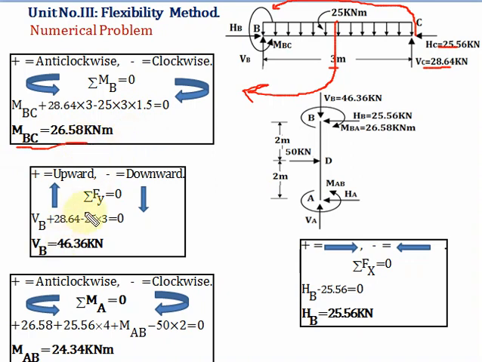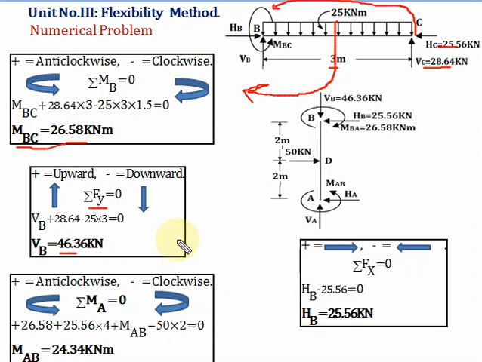Now we'll apply the second equilibrium equation, summation Fy equal to 0, considering upward force positive and downward force negative. The vertical reaction at B is upward, plus, then the vertical reaction at C acting upward, plus, that value is 28.64, and this UDL is acting downward, so minus 25 into 3. So we'll get the vertical reaction at B as 46.36 kilonewton.